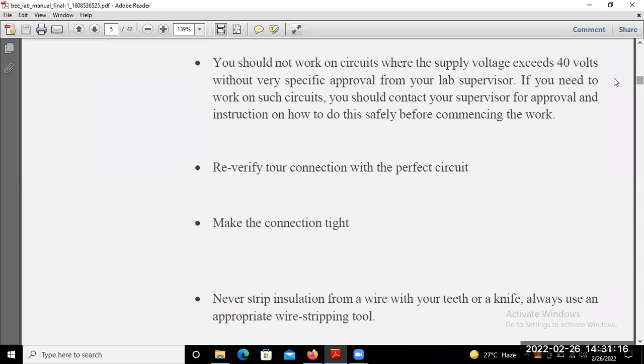So re-verify your connection with the correct circuit. Make the connections tight whenever you connect a wire from emitter to resistance or resistance to voltmeter. Never leave any connection loose, because when you touch it with your hand, that point may get disconnected.